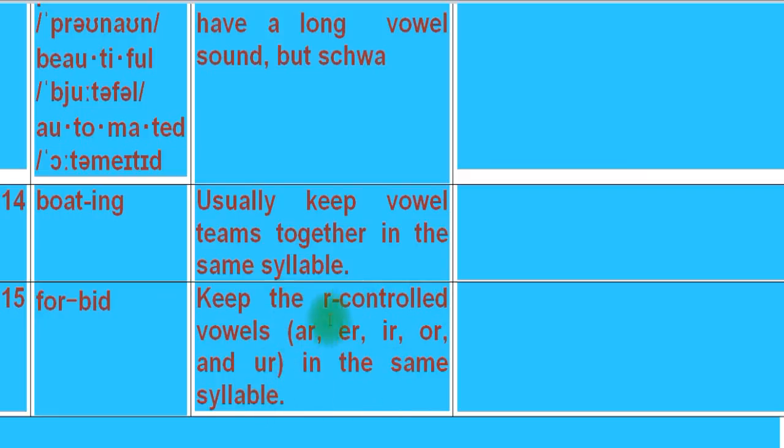The R-controlled vowels like AR, ER, IR, OR, and UR. So we have can, but car, been, but perhaps, sin and sir, fox and for, fun and fair. They are called controlled vowels.